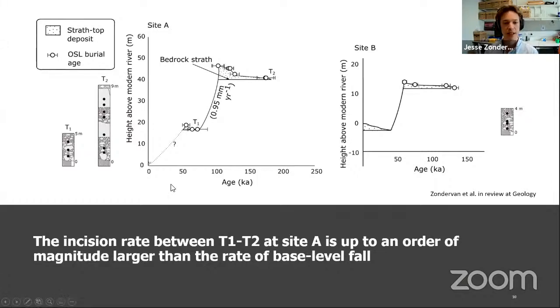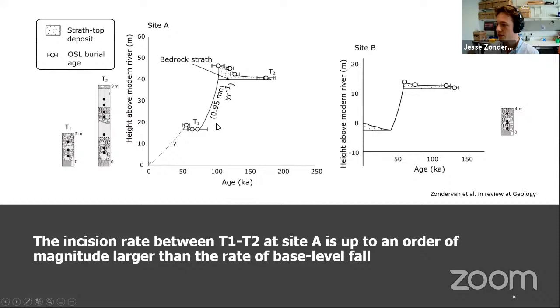So if we plot the ages that we get from these samples on the x-axis against the height above the modern river on the y-axis, we start to see this concept that we are thinking about, this metastable equilibrium: times of net deposition, and then periods of high rate incision to the next terrace level, followed by deposition on this next terrace level.